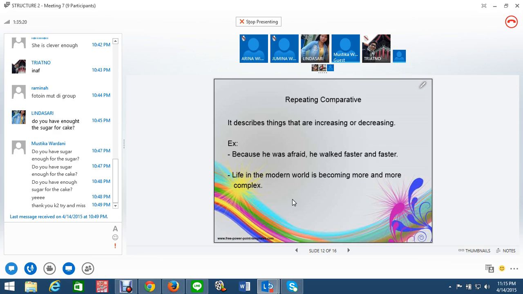So actually repeating a comparative gives the idea that something becomes progressively more or less. Okay, repeating a comparative gives the idea that something keeps increasing or decreasing. That's the point of repeating comparatives.